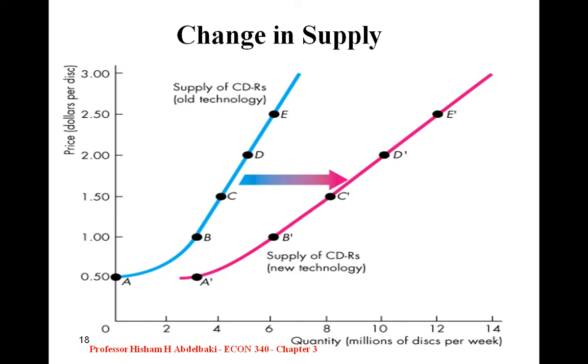So this is called shifting the curve. If we have an increase in supply, we will have a new supply curve to the right of the initial one. If we have a decrease in supply, we will have a new supply curve to the left of the original supply curve.